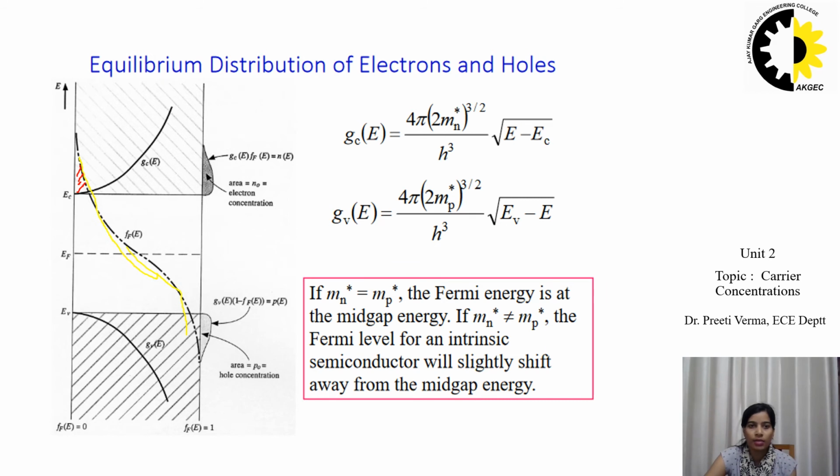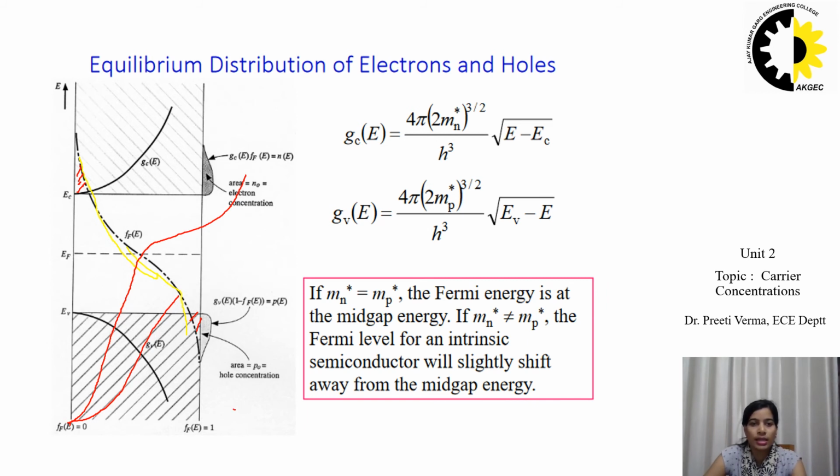Similarly, on the falling side we have the opposite function, because in the valence band we talk about the presence of holes, so it will be just the reverse of the presence of electrons.